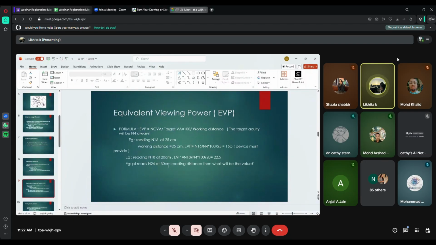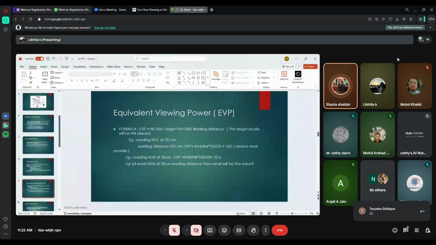So another example, if the patient reads N24 at 30 centimeters, then what will be the value for this? 20 is the most common answer right now.